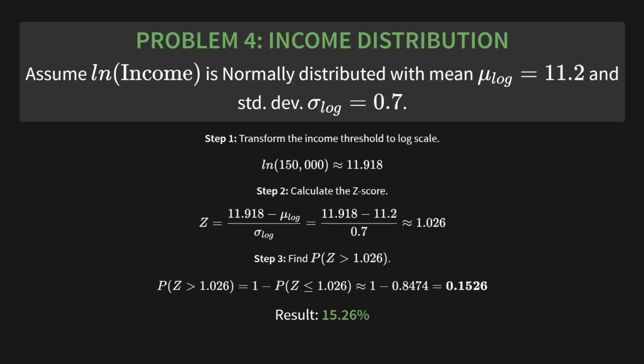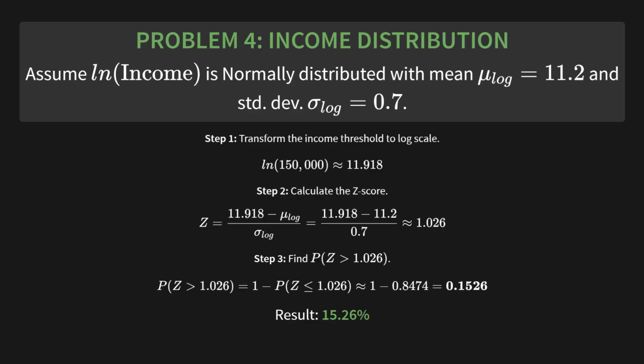Step 3. Find the probability. We want the probability that z is greater than 1.026. A standard z-table gives us the area to the left. So we do 1 minus the probability that z is less than or equal to 1.026.